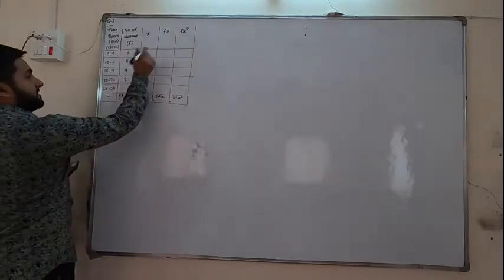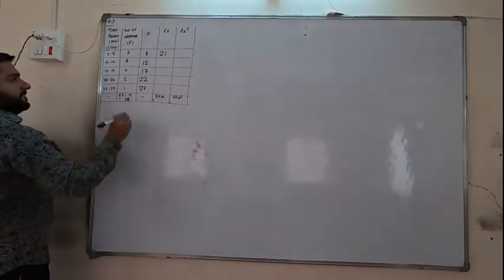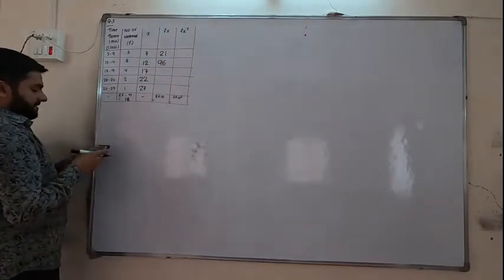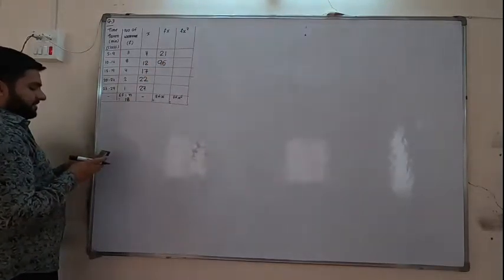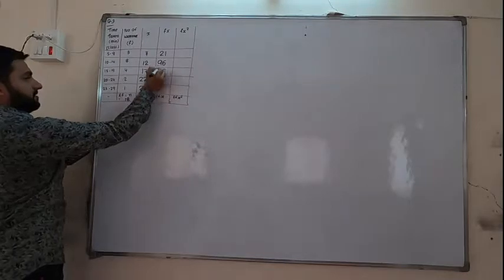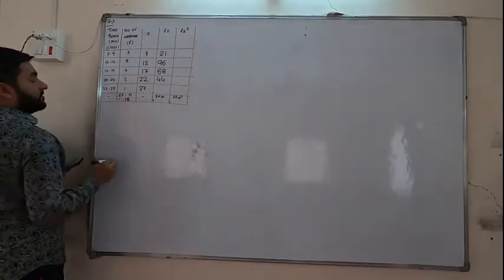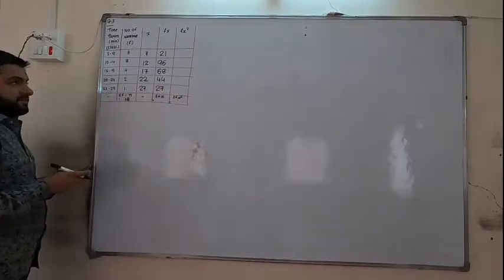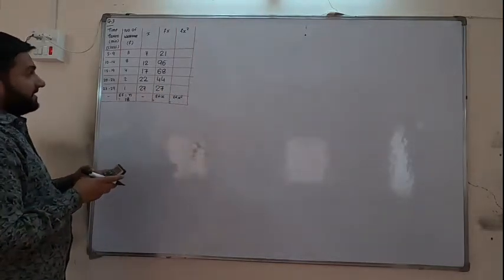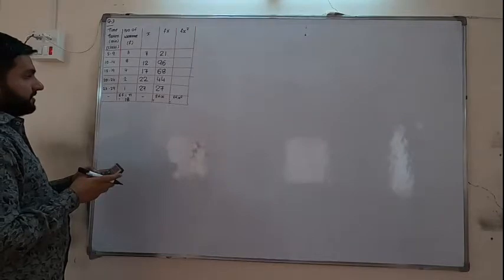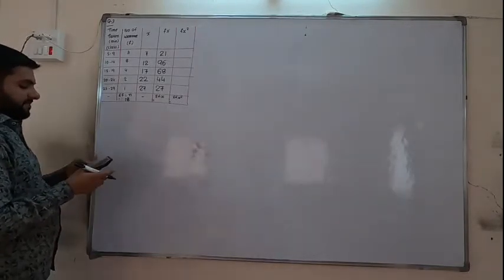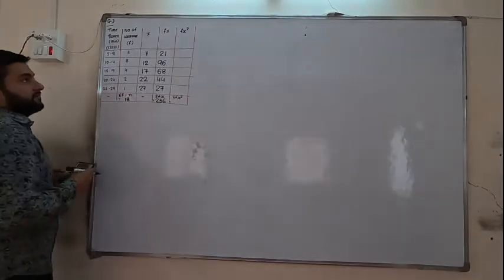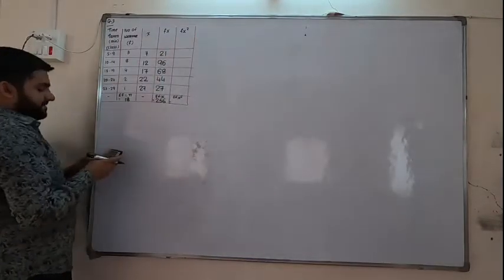Now fx: 7 threes are 21, 12 eights are 96, 17 fours are 68, 22 into 2 is 44, and 27 into 1 is 27. So 21, 96, 68, 44 and 27 total 256.